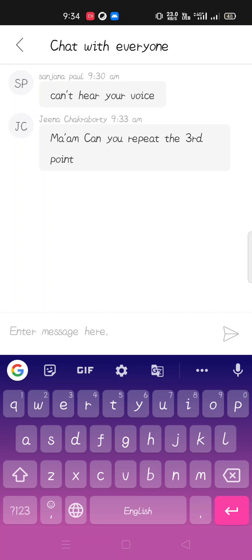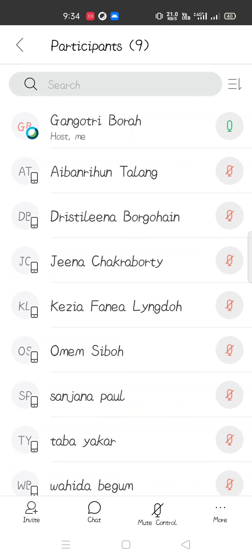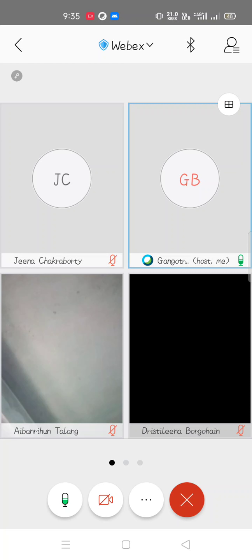I said the first line was rabies is a zoonotic disease, right? Then after that, I told you the line: without early treatment, it is usually fatal. Fatal means it is deadly. If you do not treat that early, it will turn into a deadly disease. So it is usually fatal. Written.